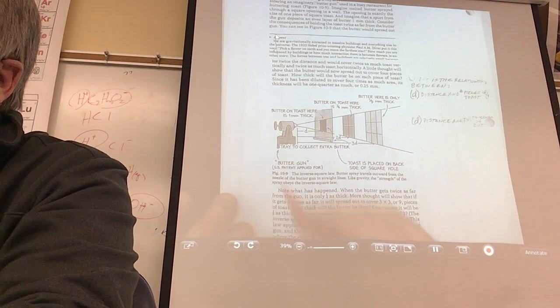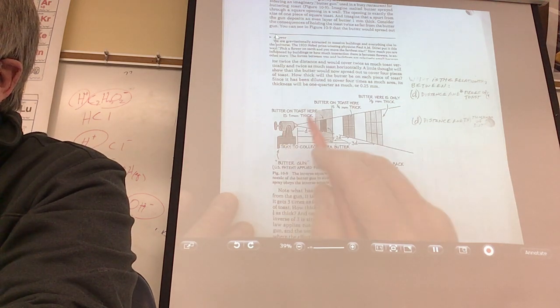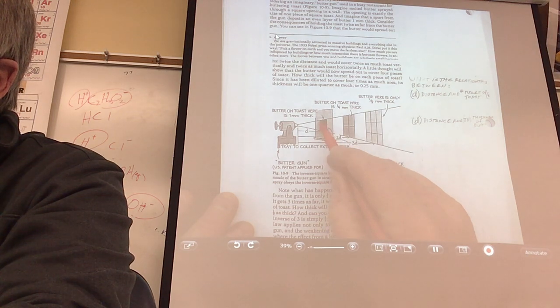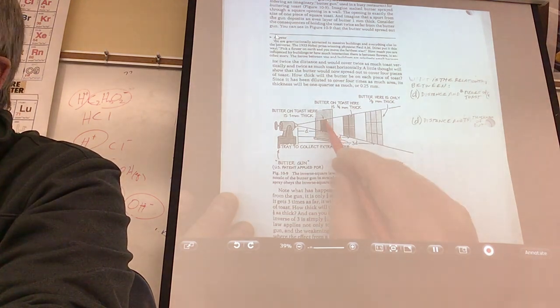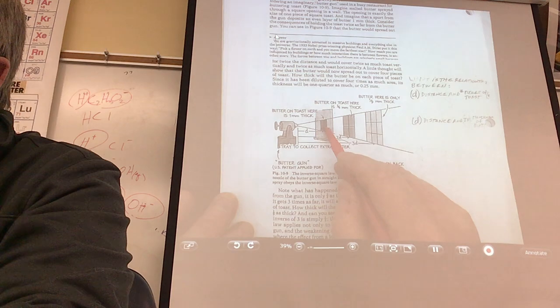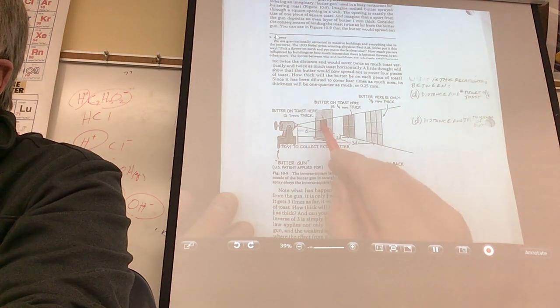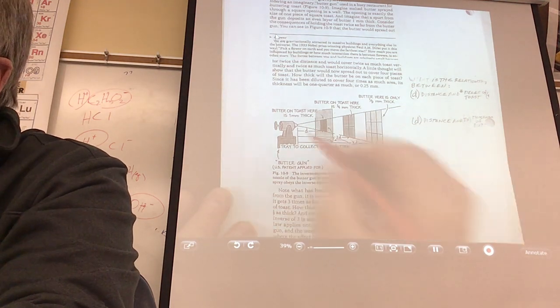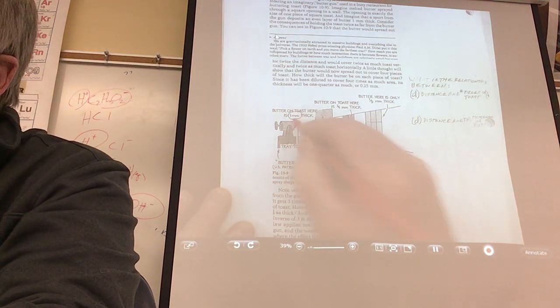In a butter gun, if you were to pull the trigger, and here's a tray that can hold 1 piece of toast, then when you squirt it, it will exactly cover the bread. And it'll be 1 millimeter thick.